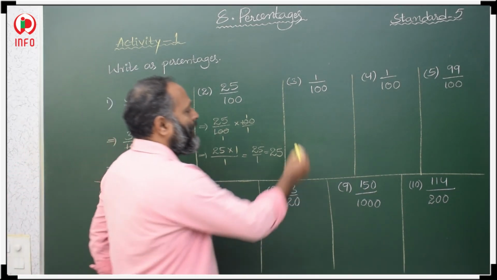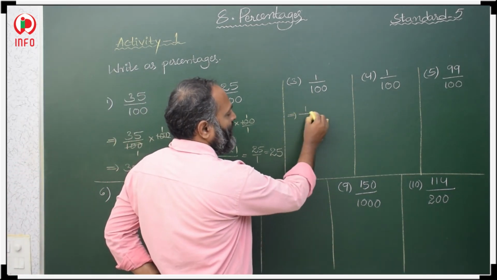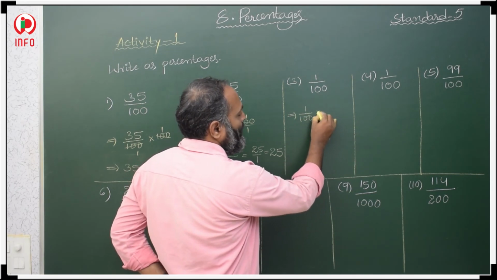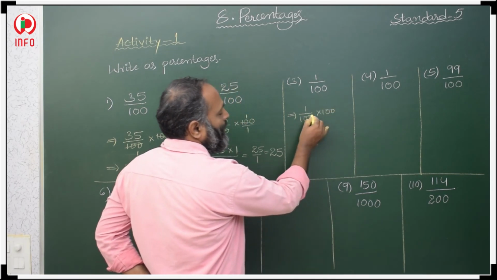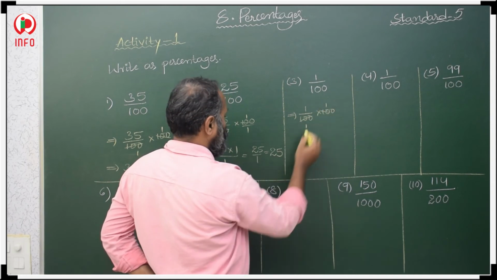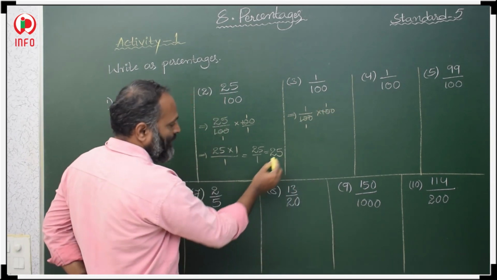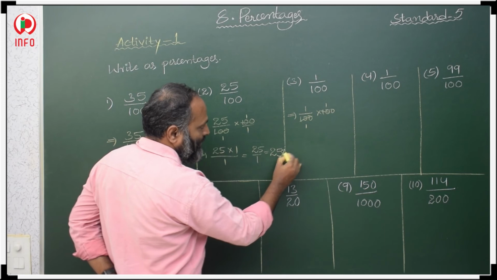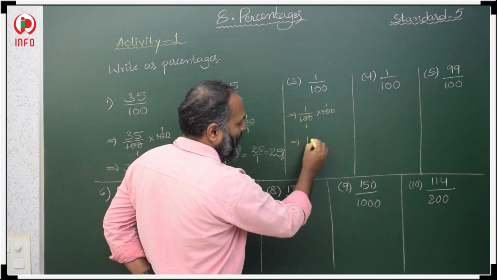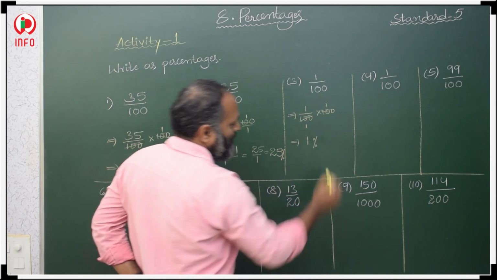Then 1 by 100, we take the fraction 1 by 100 into 100. Then 100 ones are 100. So in percentage we write 25%. Here 1 ones are 1, 1 by 1 means 1%.